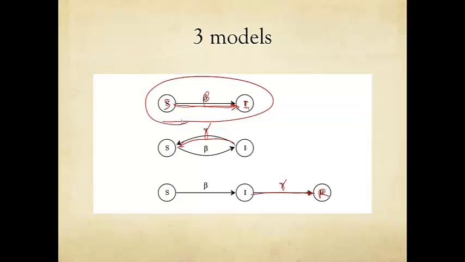Just a word of caution that the beta and the gamma rates of transition in these diagrams actually denote slightly different concepts. For beta, we're representing the rate of getting an infectious disease that's proportional to the product of the susceptible and infected population.